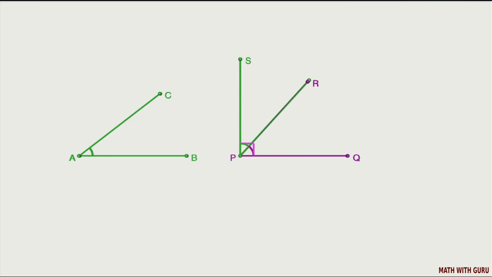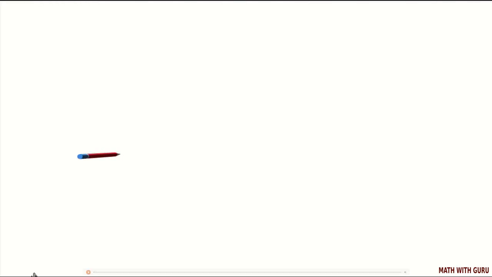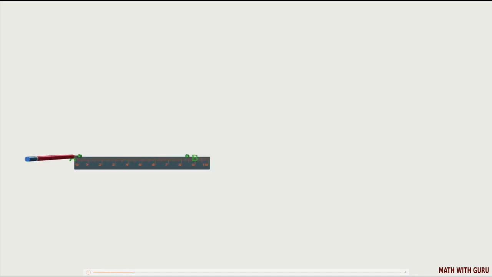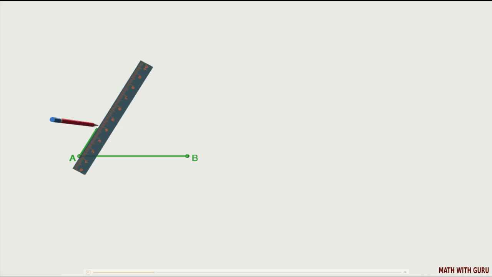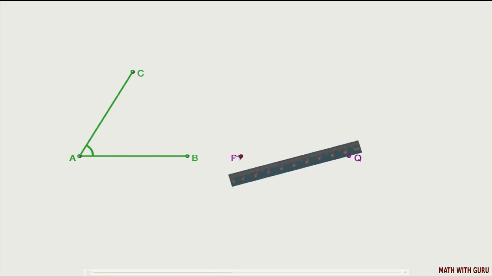Such angles whose sum is equal to 90 degrees are called complementary angles. Look at two more angles. Again, I am naming them in the same pattern, angle BAC and the other one being angle QPR.